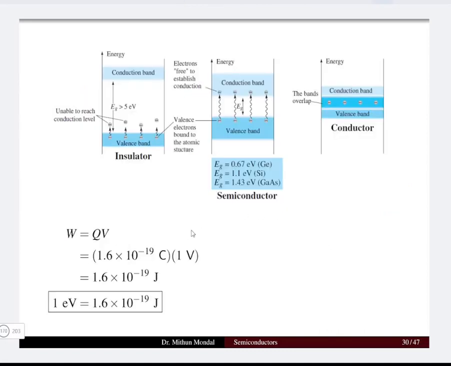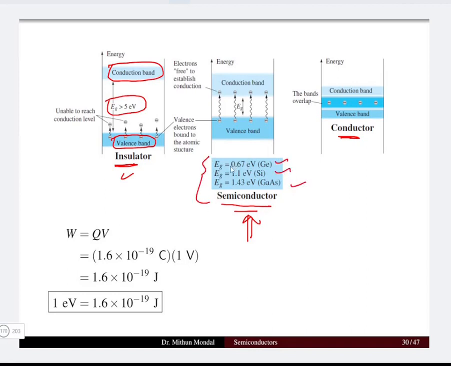We have discussed that semiconductors have conductivity lying between insulators and conductors, and there is a definite gap between the conduction band and the valence band. This gap is known as the energy gap, which is more than 5 electron volt for the insulator, but for semiconducting materials like germanium, silicon and gallium arsenide, it is 0.67 electron volt, 1.1 electron volt and 1.43 electron volt respectively.